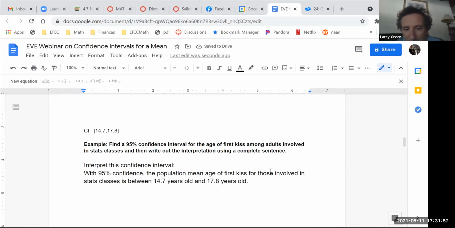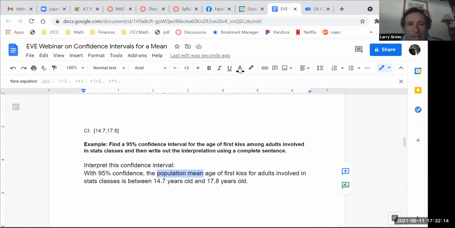Maybe instead of those, because I want to emphasize adults. Your 2-year-old child might be involved in it, but it's worthless to ask them when was their first kiss, because they haven't had it yet. They better not have.